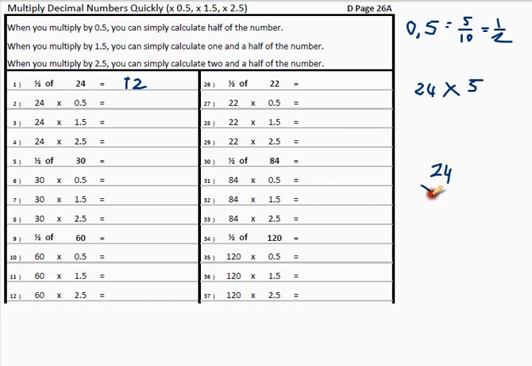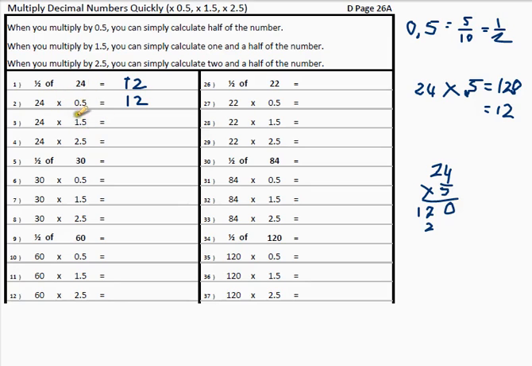Let's quickly do it this way. 5 times 4, 20. 5 times 2, 10, 11, 12. 120. The answer is 120. We put the point there, so the answer is 12. In other words, there we've proved it: a half of the number is the same as 0.5 times the number.